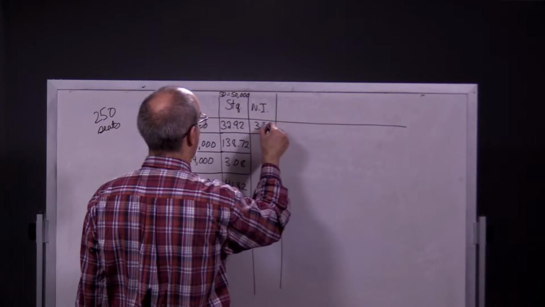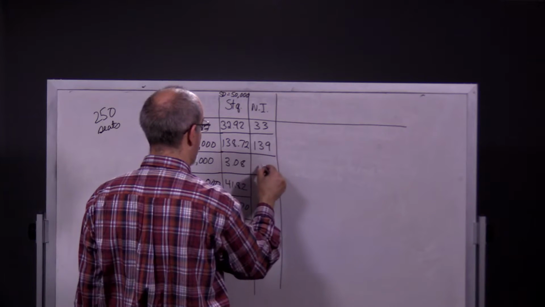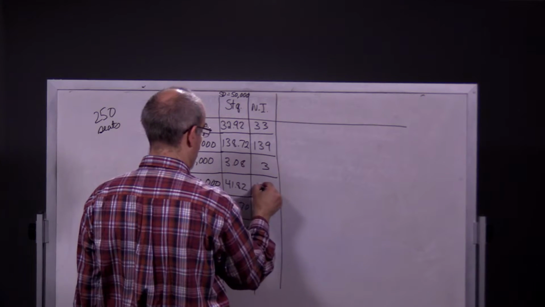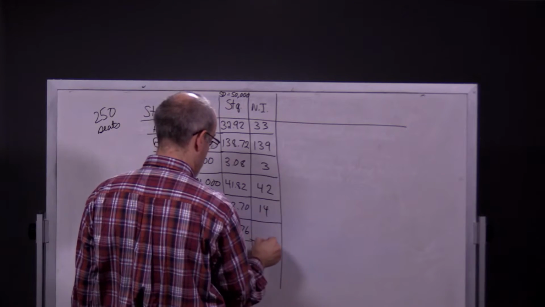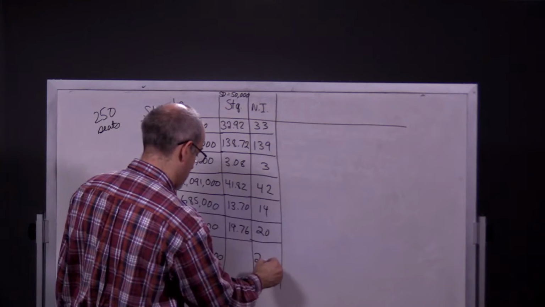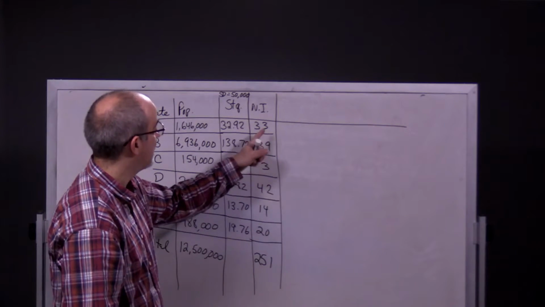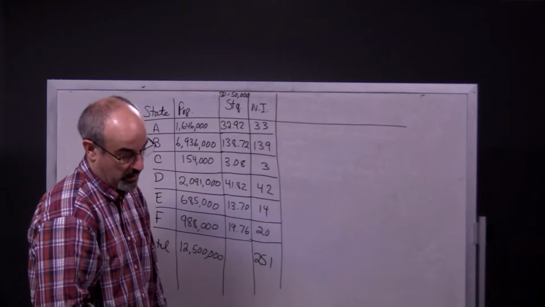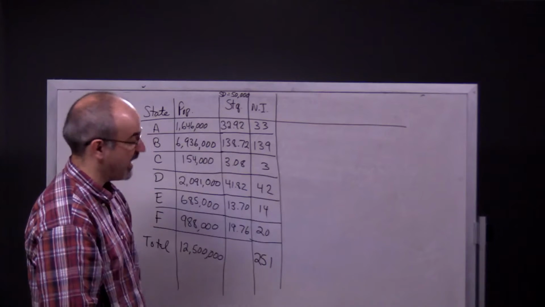This is 33, 139, 3, 42, 14, 20. You get 251 seats. I'm surprised it's only 251. 6, 9, 8. Yep, it's 251. But we only have 250 seats, so we can't do this.